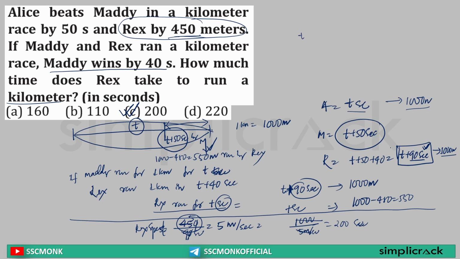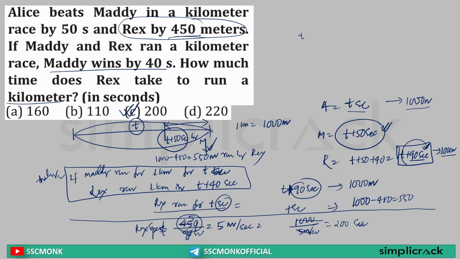But here actually what is happening? This is an analogy. Actually Maddie is running for t plus 50 seconds. That means Rex will be taking 40 seconds more than that, which is equal to t plus 90 seconds.